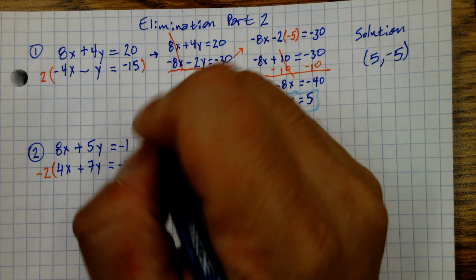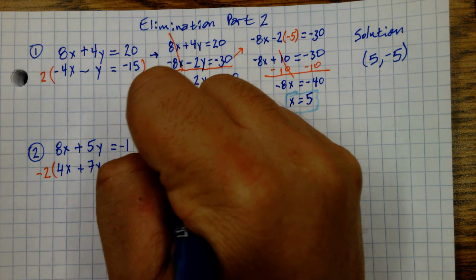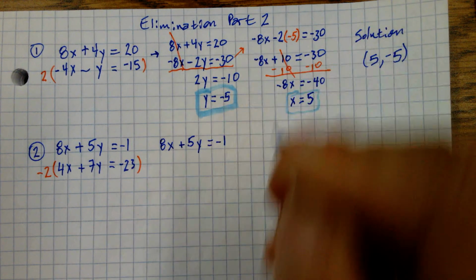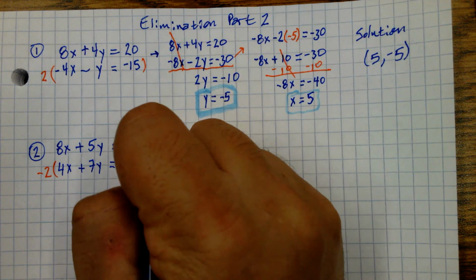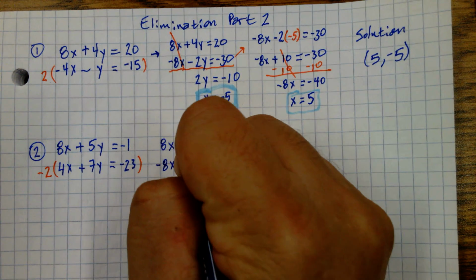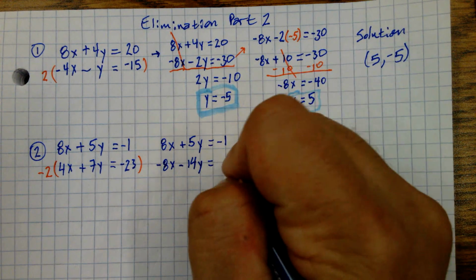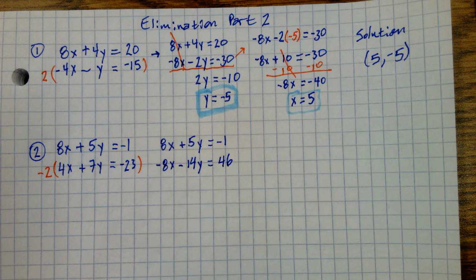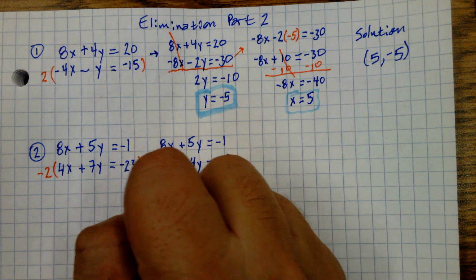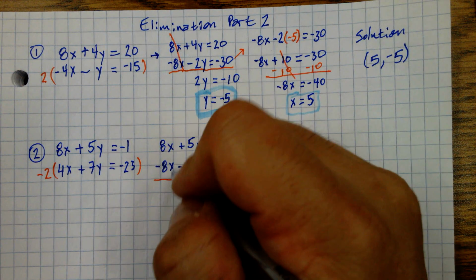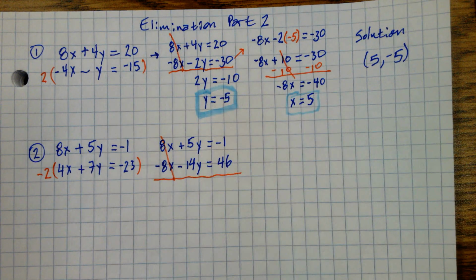Okay? Let's see what that gives us. Well, again, the top stays the same. 8x plus 5y equals -1. And then -8x minus 14y equals positive 46. Okay. And do we eliminate? We sure do, right there. 8x and -8x, when we add those, gone. Okay.